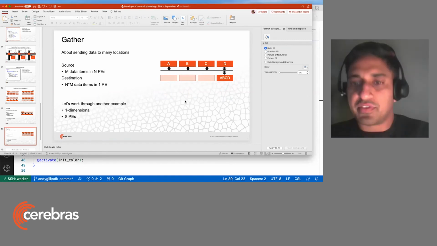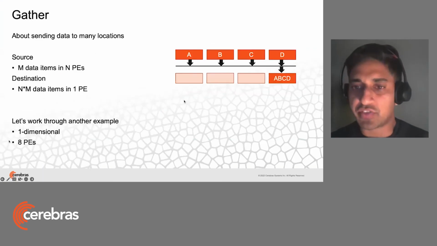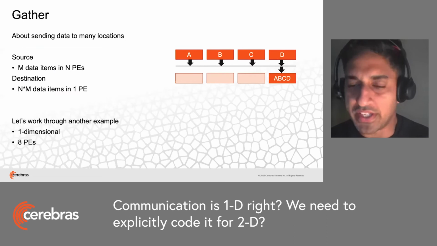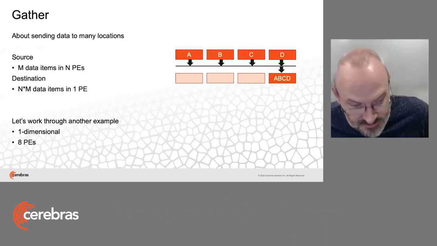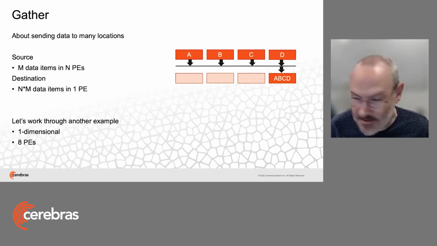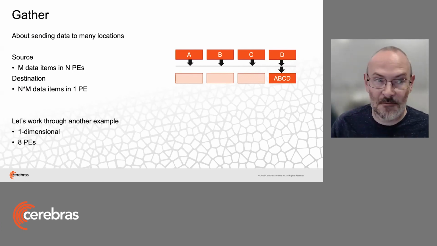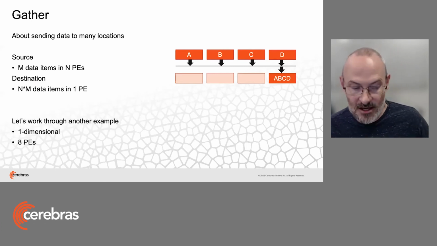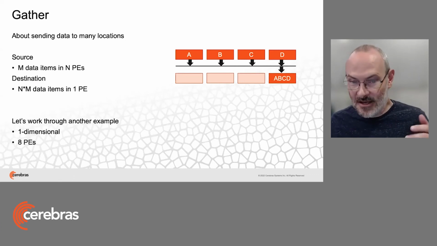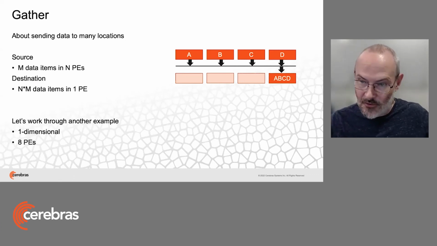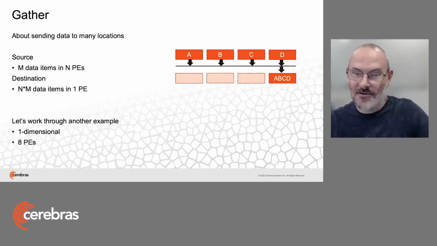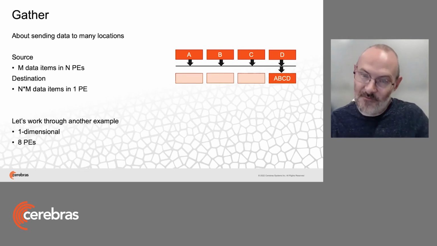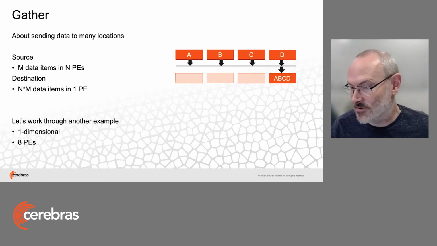Hey, Andy, we have one more question from Emin. Just for confirmation, communication is 1D, right? We need to explicitly code it for 2D? Yes, the library as it stands right now, and we are looking to see if there's a good idiom for 2 dimensions. We have written 2-dimensional examples, but if you broadcast across a row and then you run the same program on every column that broadcasts over that column, you've done the effect of broadcasting in 2 dimensions.